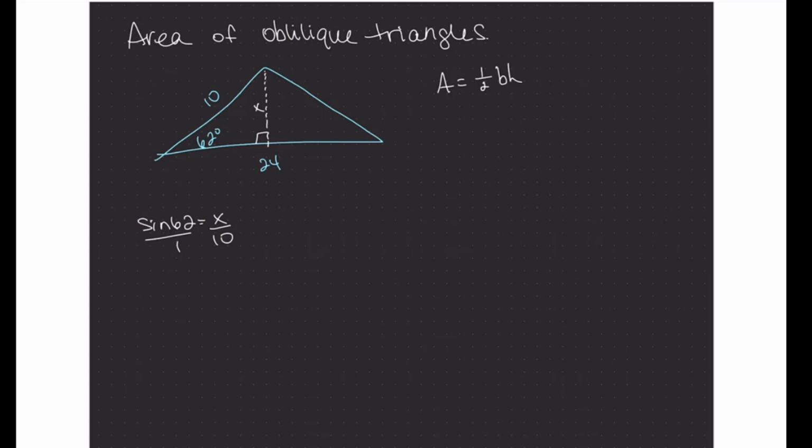We cross multiplied, so 10 times the sine of 62 equals x. We plug that into our calculator, making sure it's in degree mode because they gave us degrees, and we get 8.83. So now I know that the height is 8.83.